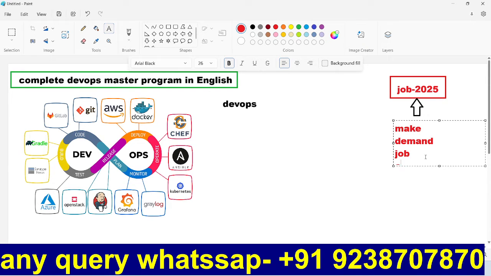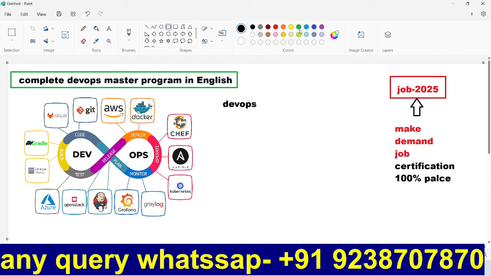This is important. Okay, one more important thing I'm going to share with you: certification. Certification, and the second one is 100% job placement. This kind of trap, I'm not talking about you. I'm just going to share the real facts about the truth of the market, right?